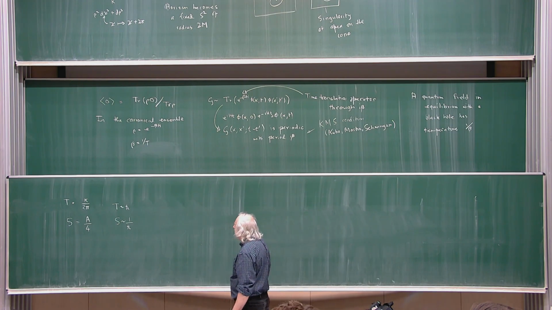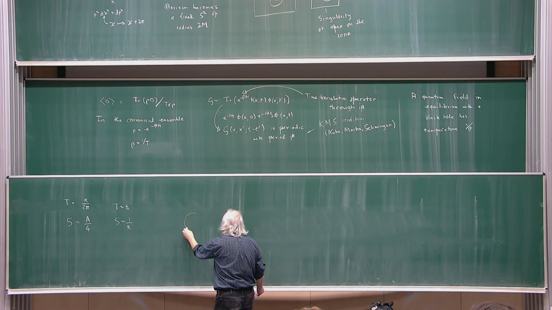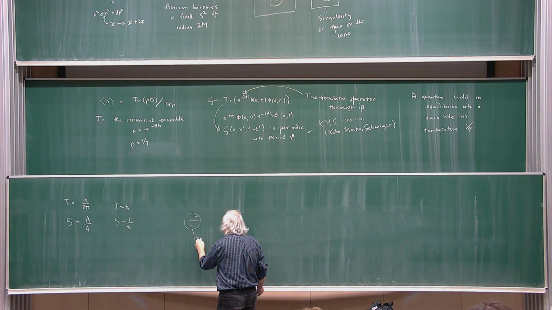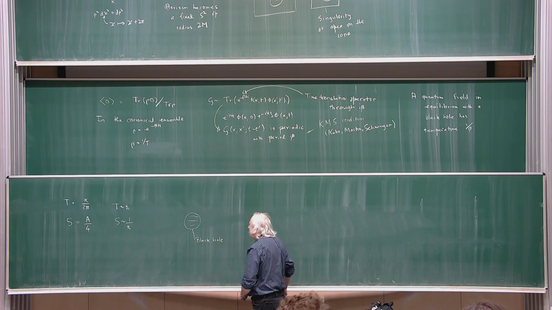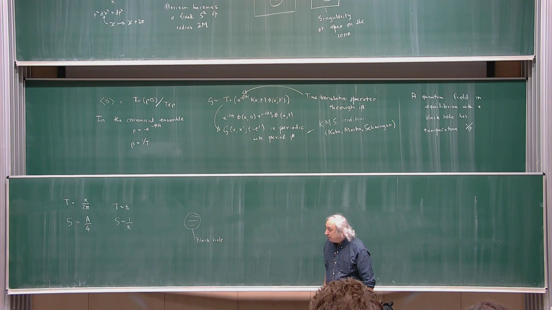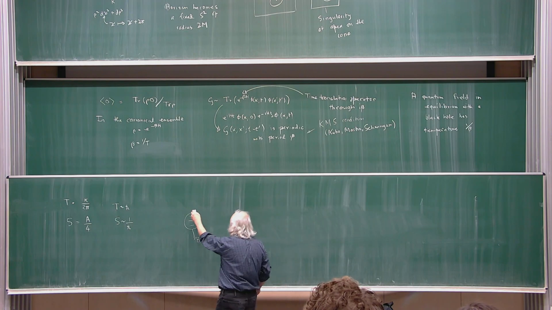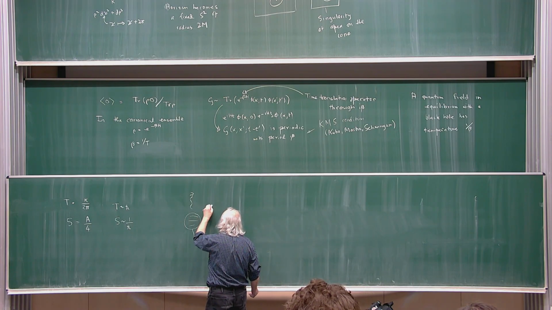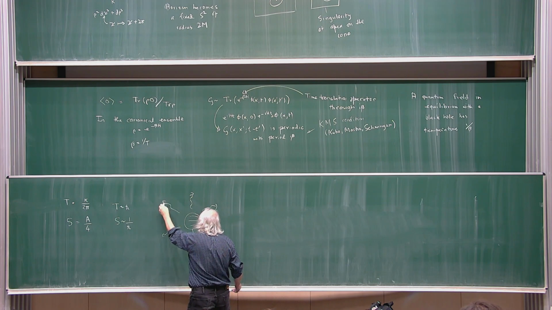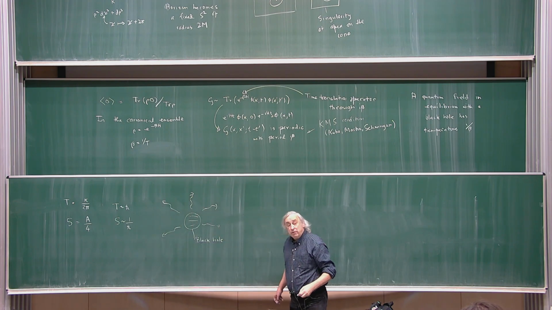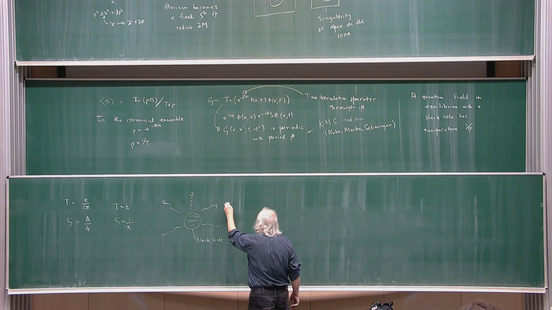The first is that if a black hole just sits in empty space, it's going to radiate particles into empty space because it's hot. So in this kind of semi-classical picture, what you see is thermal radiation from the black hole.